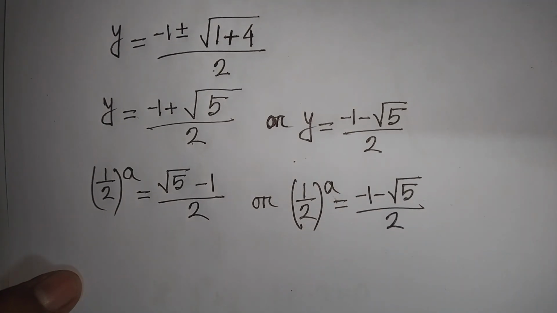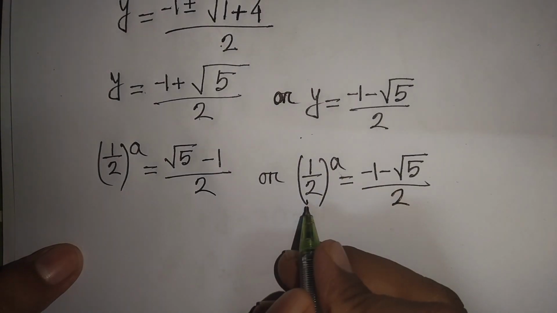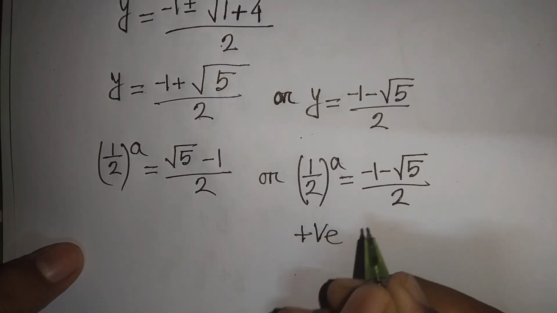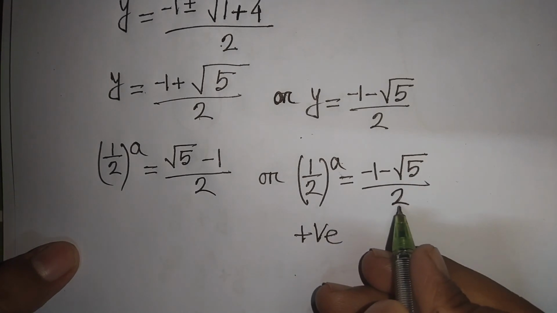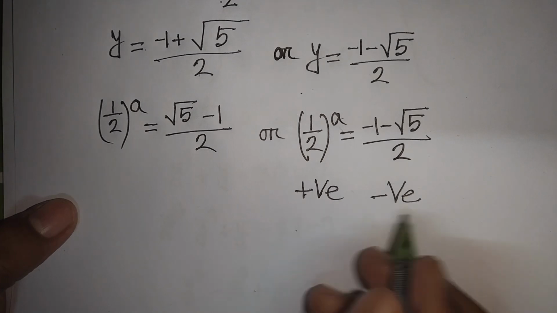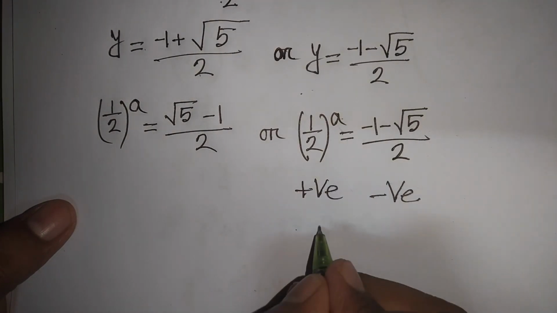Now 1 by 2 bracket power any number is always positive, but minus 1 minus a square root of 5 divided by 2 must be negative. So positive cannot be equal to negative, so this is rejected.